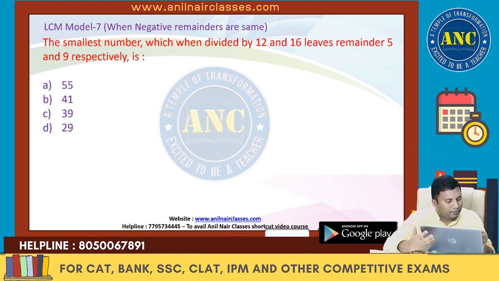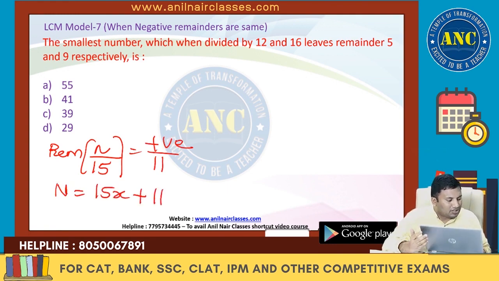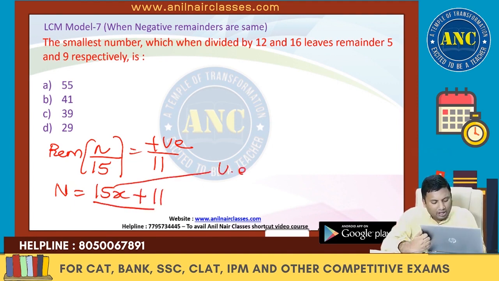Let me tell you. What is he telling? If a number is divided by 15, positive remainder is 11. So number is 15 into x plus 11.